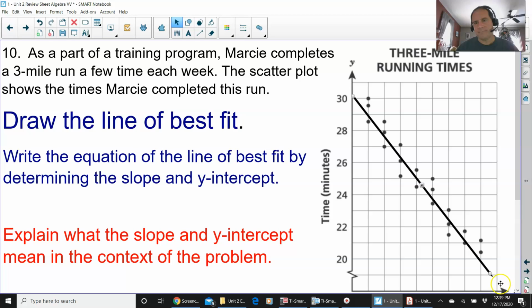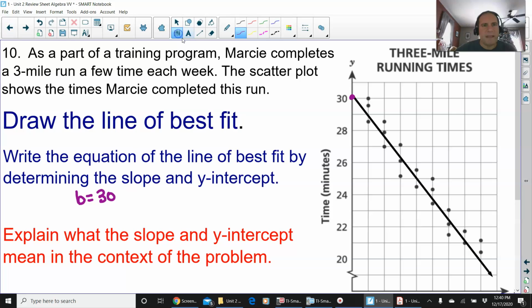Write the equation of the line of best fit, determining the slope and the y-intercept. So right now I'm going to say this is the y-intercept. So I'm going to put b equals 30.